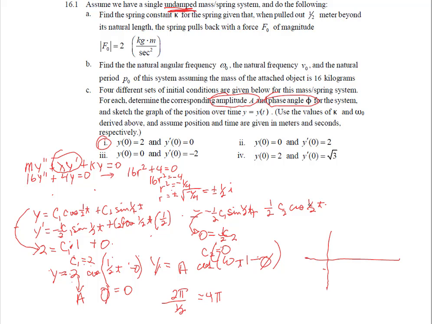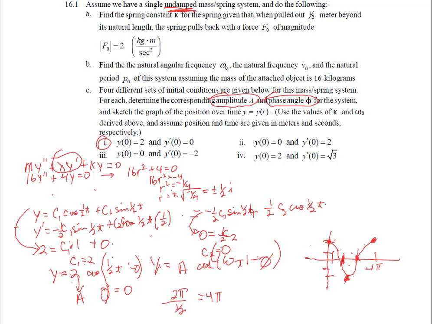And so the cosine function starts out over here at 2 and has a period of 4 pi, so 1, 2, 3, 4 pi, and so it'll be back up here at 2. Halfway in between at 2 pi, it'll be at negative 2, and so the graph would look something like this.